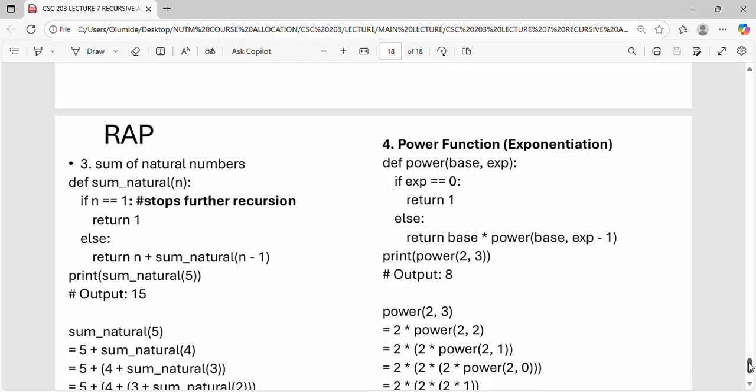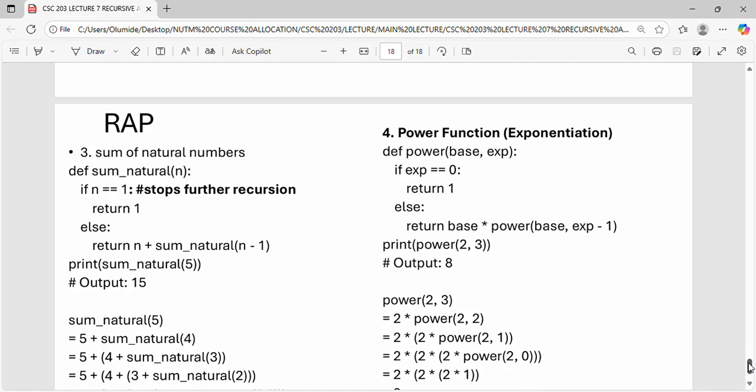Let's look at the power function, exponentiation, just like was shown earlier. Now we have def power, base comma exponent. So if exponent, that is exp, meaning exponent, is equal to 0, then we return 1, as n raised to 0 is 1.